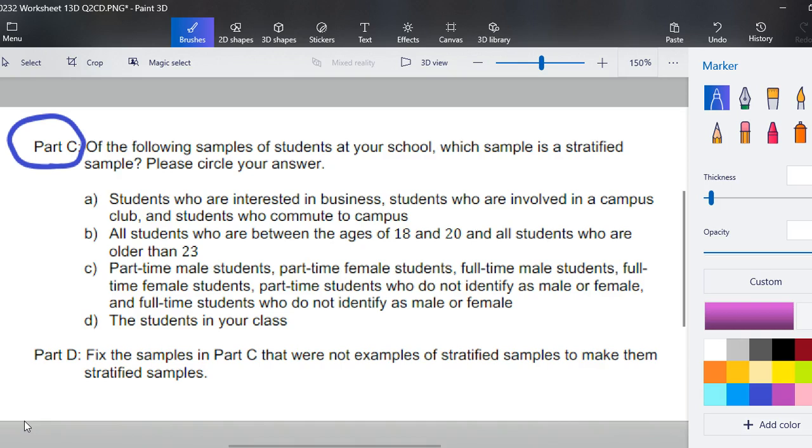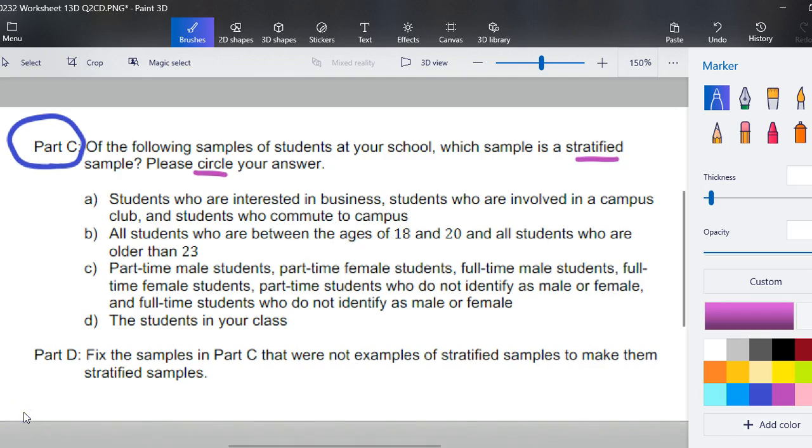On part C, of the following samples of students at your school, which sample is stratified? Circle your answer. So starting with part A, students who are interested in business, students who are involved in a campus club, and students who commute to a campus.